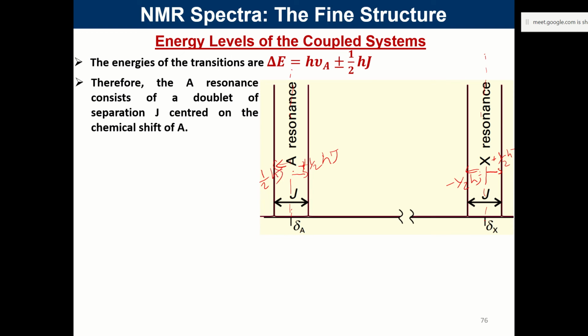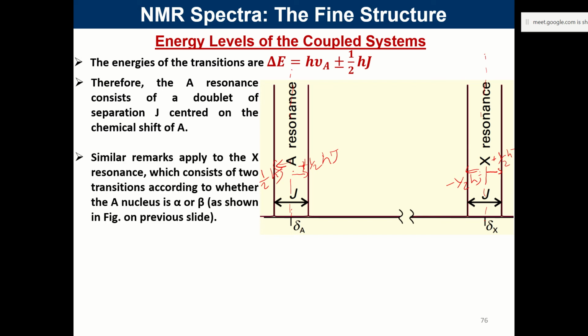So this is how we understand the NMR spectrum when the two spins interact and there is a coupling that happens, when we are talking about spin coupled systems. This is how it affects the overall thing.